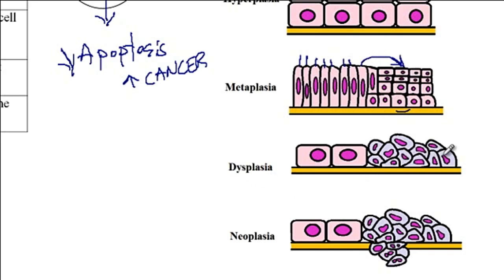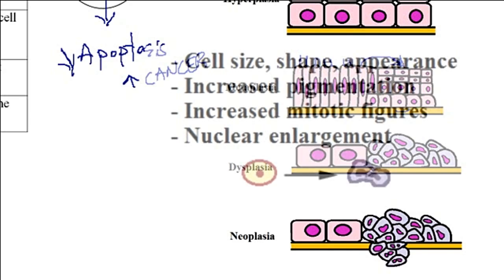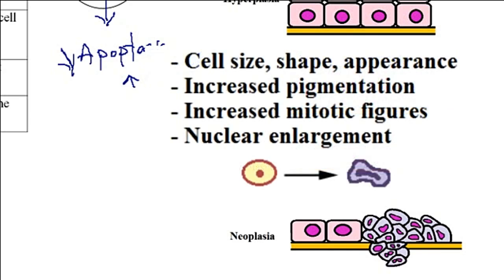Dysplasia is a condition where there is increase in cell proliferation, and the cellular changes that you would see with dysplasia include change in cell size, shape, and orientation, increase in pigmentation, increased number of mitotic figures, as well as nuclear enlargement, as a consequence of which there would be increased nuclear to cytoplasmic ratio.